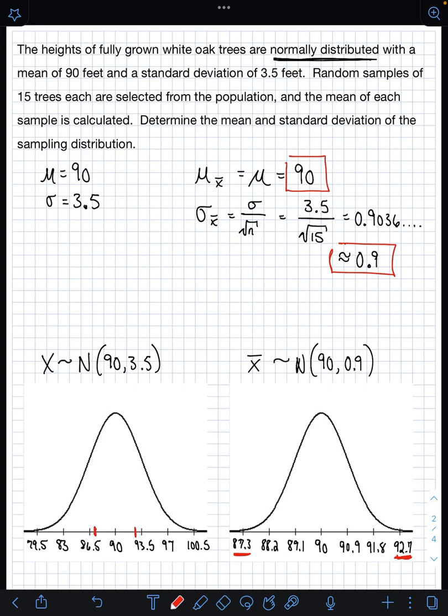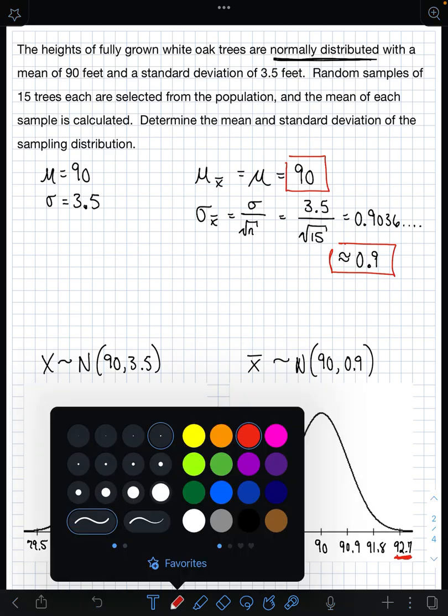Our entire normal distribution for the sampling distribution is contained in just this little section here. So it's a much narrower distribution. Again, I have the picture scaled the same, or size the same, but the scale on the axes tells us that the sampling distribution is much narrower than the original distribution.